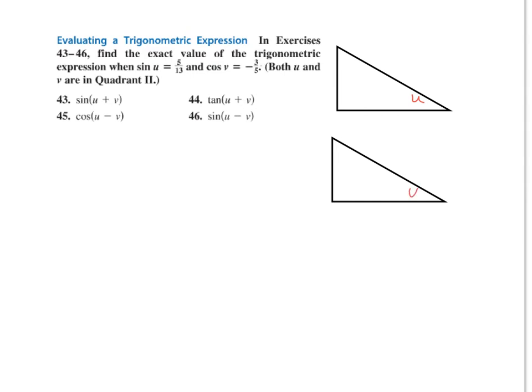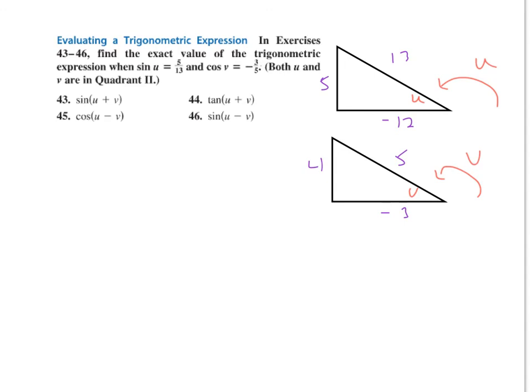And yes, you are correct: technically speaking, u is this angle right here and v is this angle right here, but we're looking at the triangles, and these are my reference angles. Any which way, I know that sine of u is 5/13, so this must be 5, this must be 13, and this would be negative 12. And I know that cosine v is negative 3/5, so this must be negative 3, this is 5, and of course this is 4.